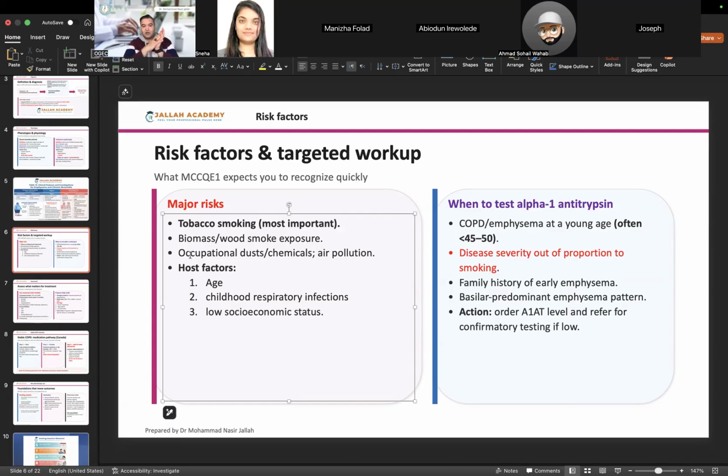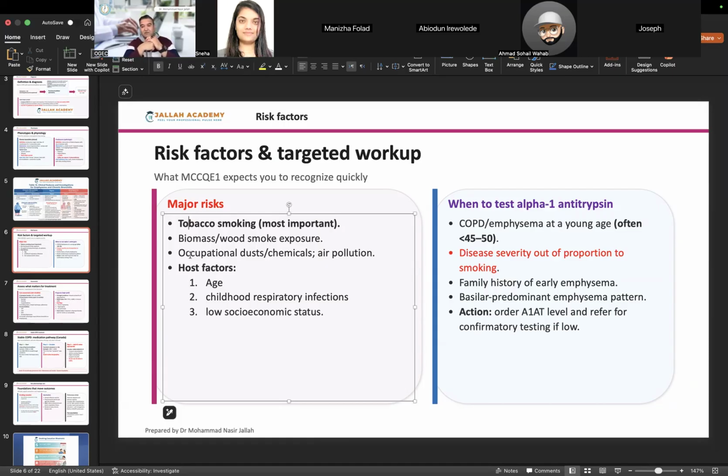And exposure to wood smoke, occupational dust, chemicals, air pollution, and host factors. Usually, in terms of age, COPD happens in the elderly, above 45. If it is less than 45, then think about the risk factors: alpha-1 antitrypsin deficiency, childhood respiratory infection, low socioeconomic status. When to test alpha-1 antitrypsin again.